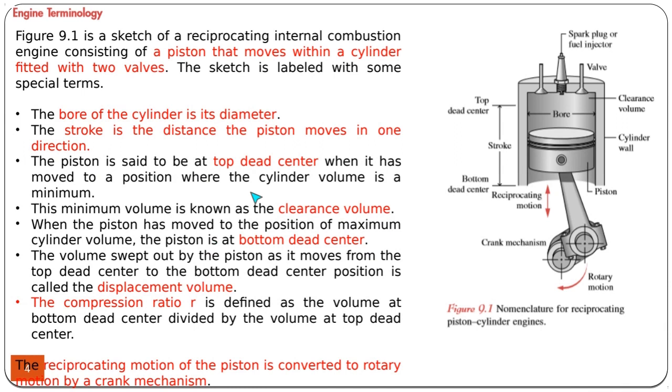The general construction of two types of engines are the same. So whether it's a spark ignition engine or compression ignition engine, or in other words, whether it's an Otto engine, gasoline engine, or diesel engine, the general construction is very similar. First of all, there has to be a cylinder, there has to be a piston which moves up and down inside the cylinder. There is a crank mechanism which converts the linear motion of the piston to rotary motion.